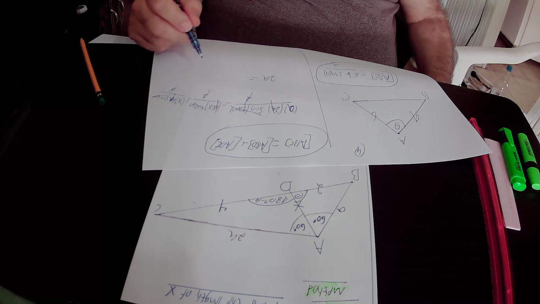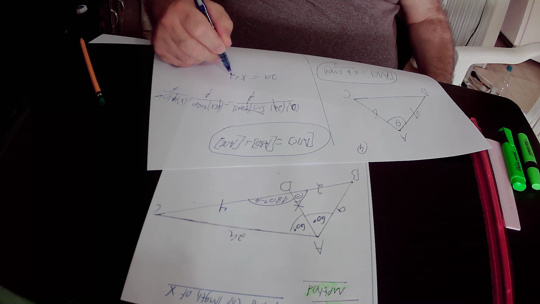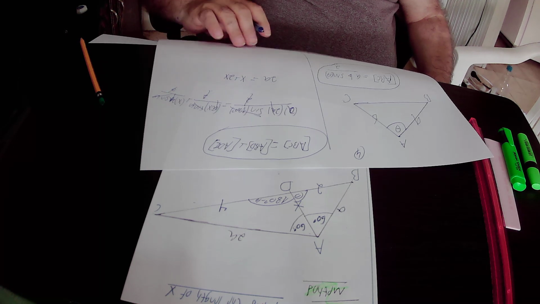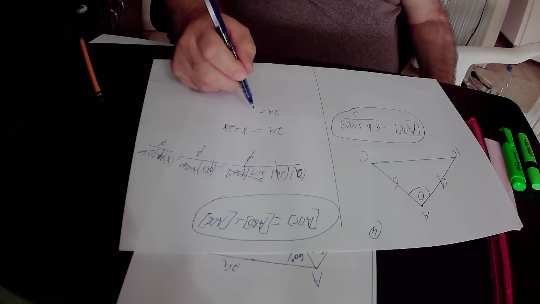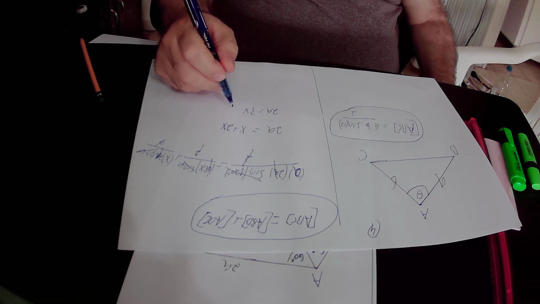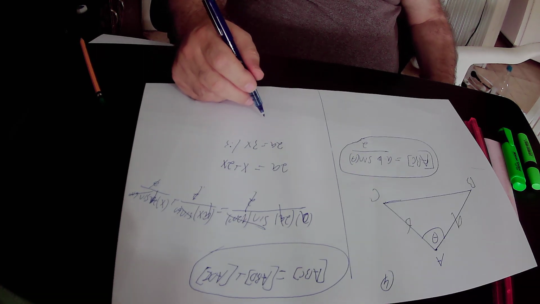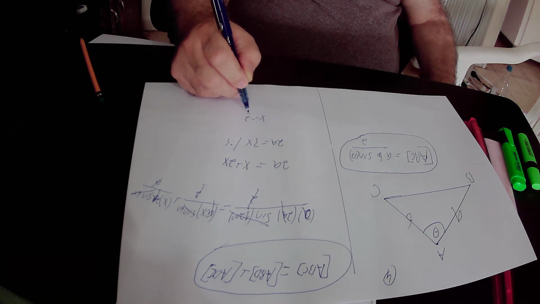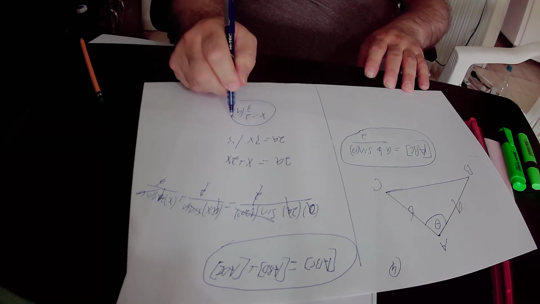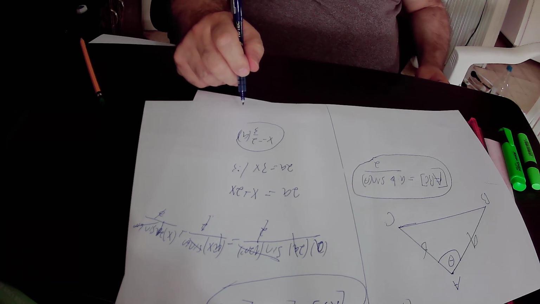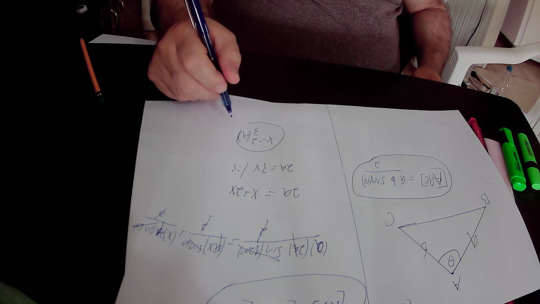On the other side of the equation we have x plus 2x. So according to the equation, 2a equals x plus 2x, which is 3x. Here we divide this equation by 3 and we get x equals 2 over 3 times a. We already found out that a equals 6 over square root of 7 units.